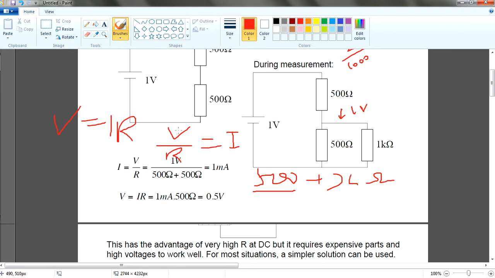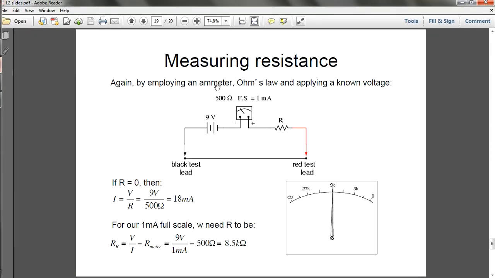So if you set a 9 volt, 9 volt divided by 500 equals some value. You reflect here at the 0 ampere.